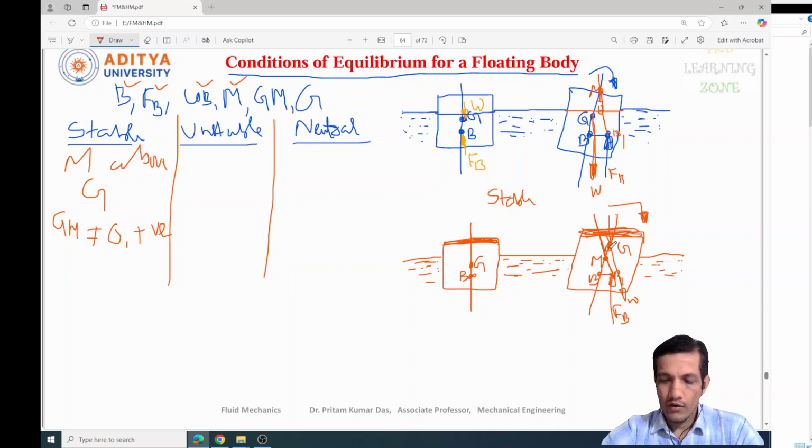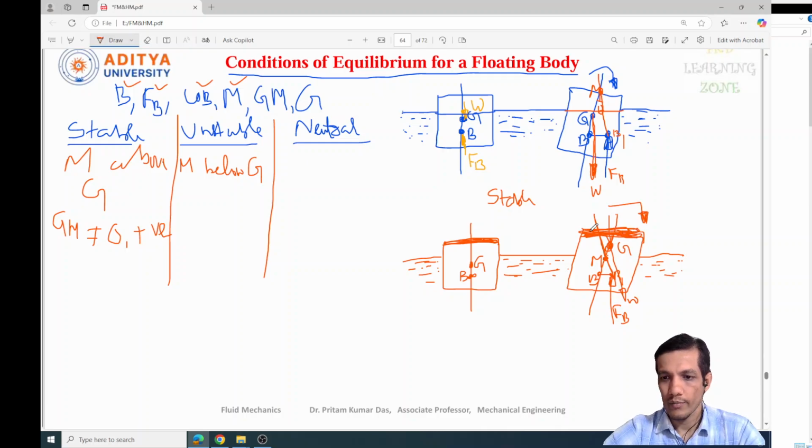Now for this condition, the metacenter is below the center of gravity point. See, the M point is below the G point. Then at that condition we can say the body is in an unstable condition. It is not in the stable condition.